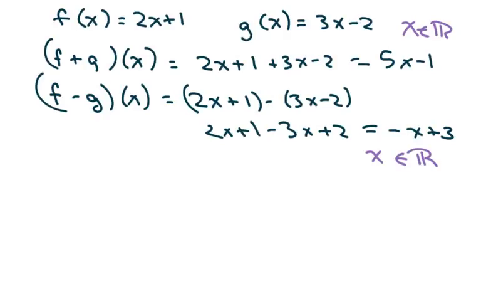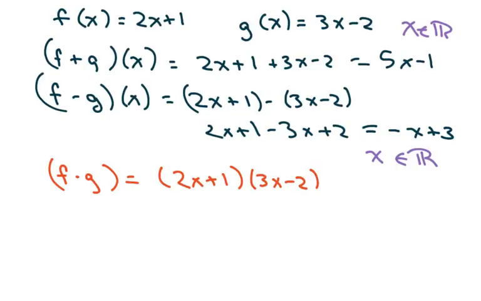There's no fractions. There's no square roots. And the multiplying one, f times g of x equals 2x plus 1 times 3x minus 2.